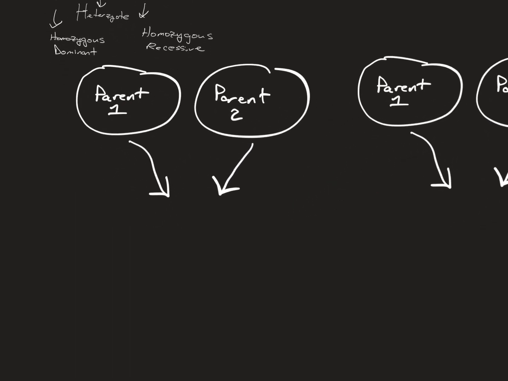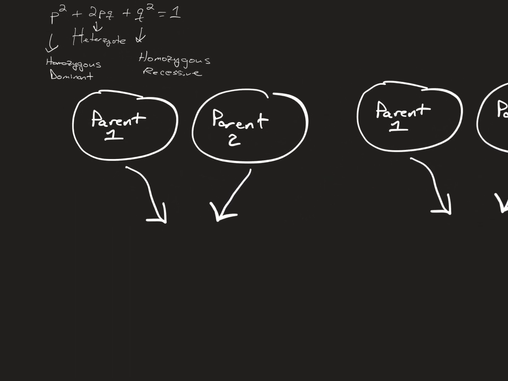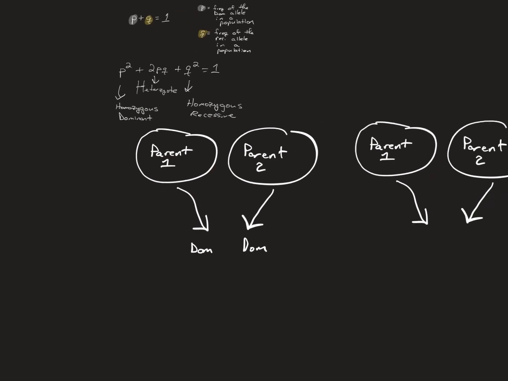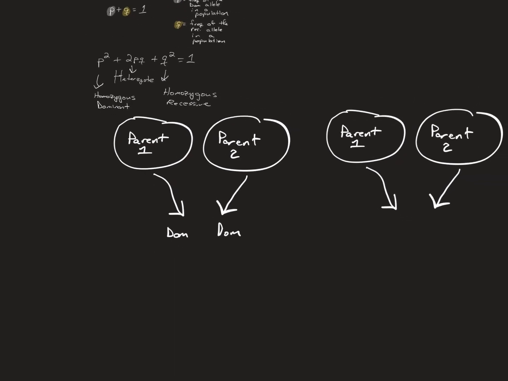So how do we figure out the odds that one parent is going to give a dominant gene and the other parent's going to give a dominant gene? What do we do to figure out the odds of getting one of this and one of that?